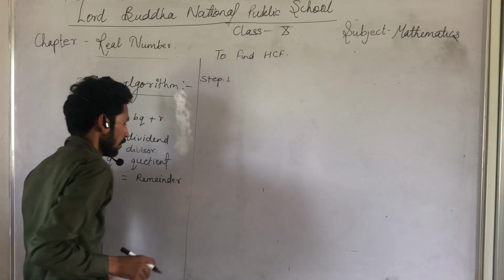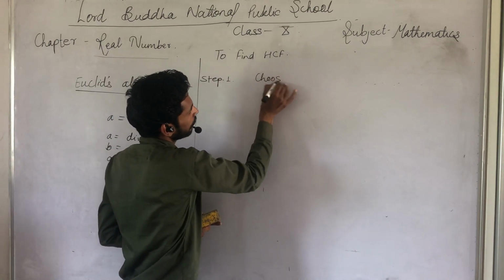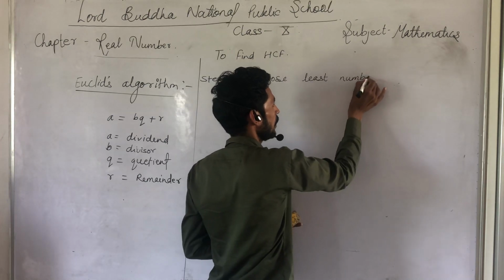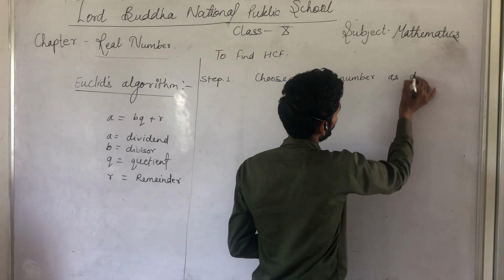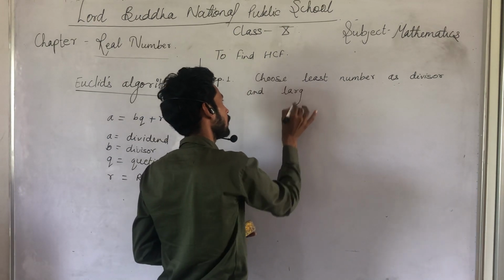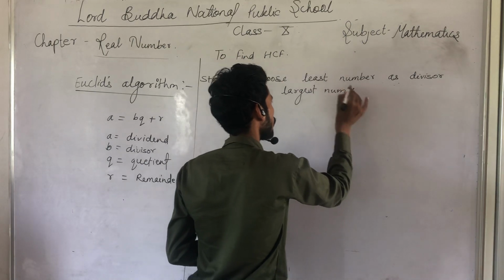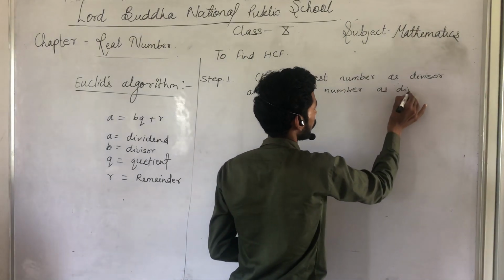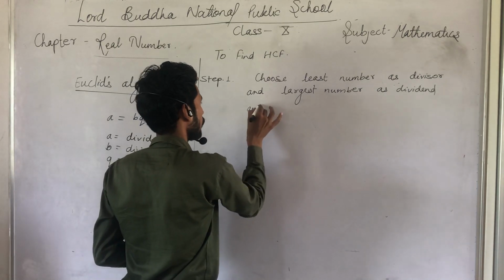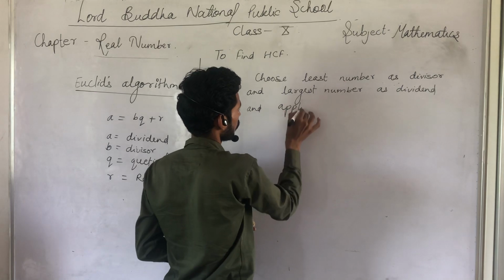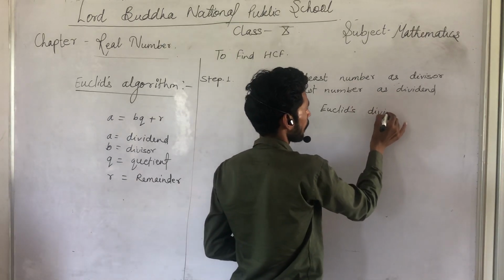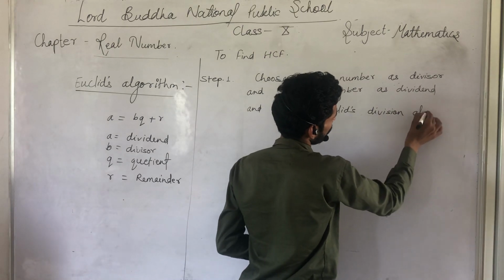Step 1: choose the least number as divisor and the largest number as dividend, and apply Euclid's division algorithm, a = bq + r.